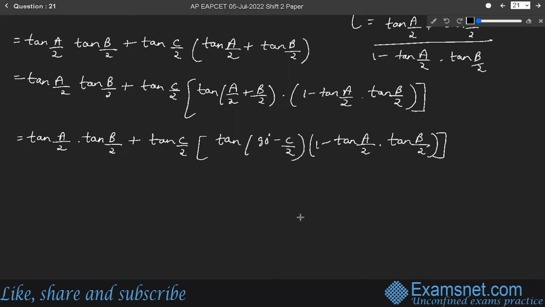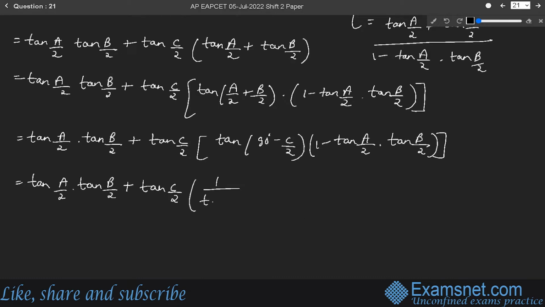On further solving, we know that tan 90 minus theta is cot theta, and cot theta can be written as 1 upon tan theta.